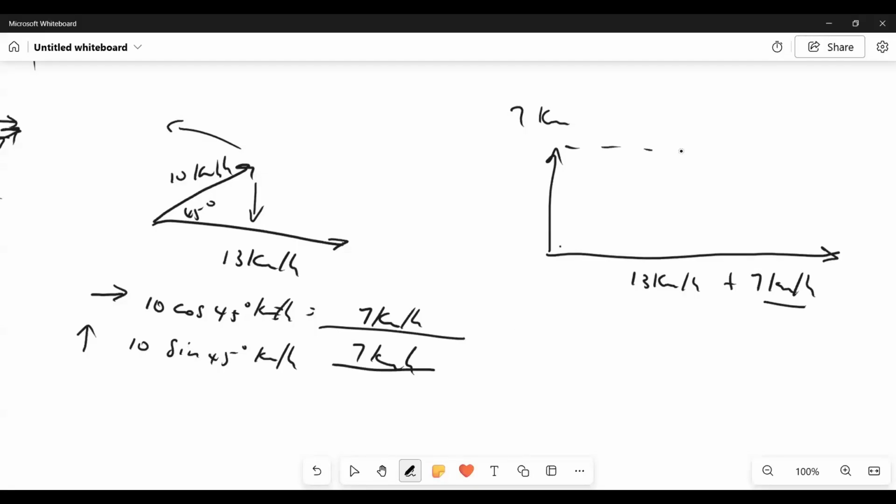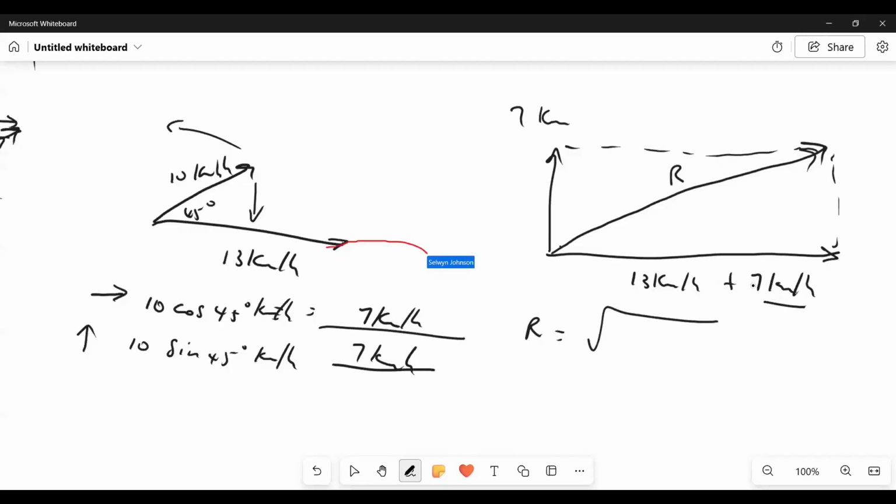So our resultant now, we want a resultant R. R is going to be equal to the square root of, when we add these two, 13 and 7 is what, 20? 20 squared plus 7 squared km per hour. How much is that?